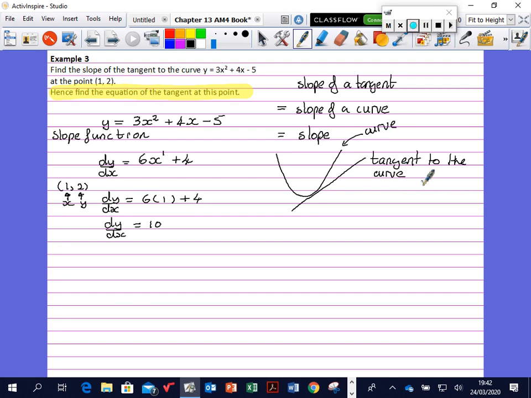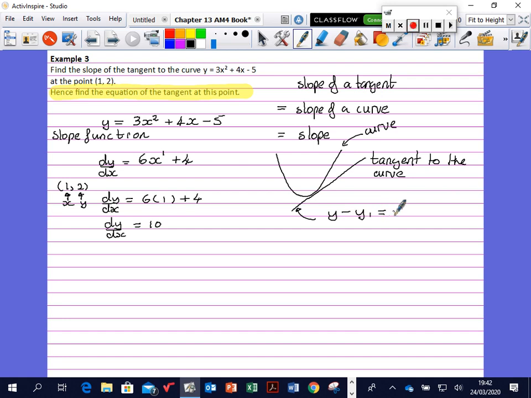A tangent is a straight line which touches an object. So the key thing here is a tangent to a curve is always a straight line. And we've been asked to find the equation of this straight line, and we don't know what this equation is.